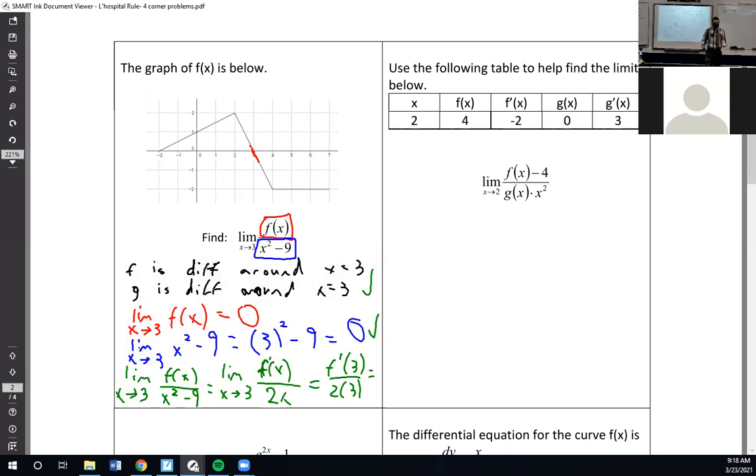That's f prime, our derivative, is our slope. So f prime at 3, let's see, we're going down 2 and to the right 1, so that's negative 2. And then 2 times 3 is 6, so negative 1/3 is our limit.